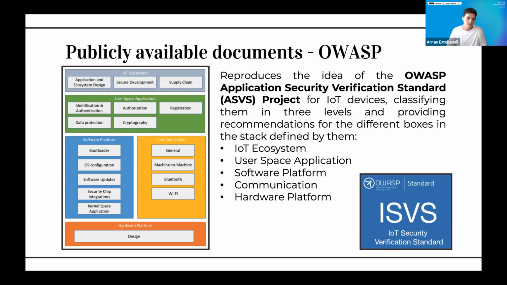And essentially, you can see that these 5 sections are the IoT ecosystem, essentially web pages, APIs, and cloud platforms. Then you have the user space where you'll save the credentials and you encrypt the data. And then you have the communication part, which essentially will be the wireless communications, and the hardware platform, which means the chips that you have physically in that platform.